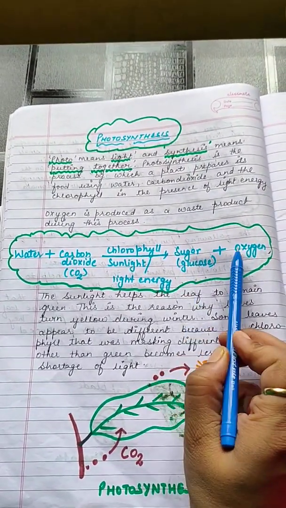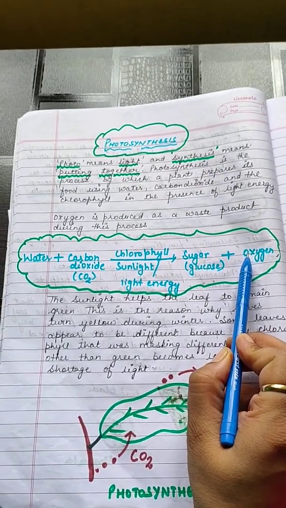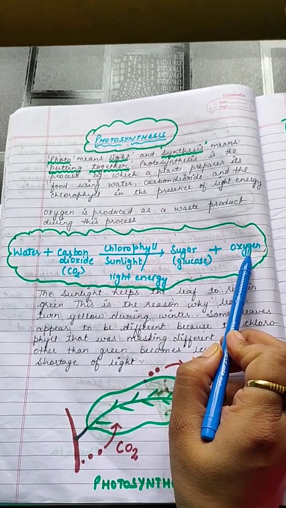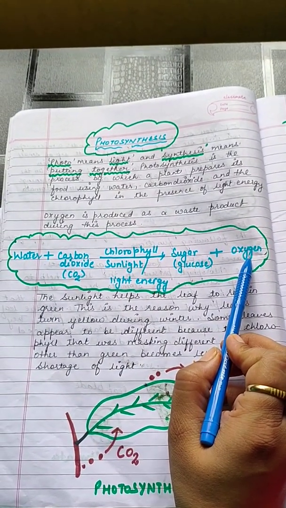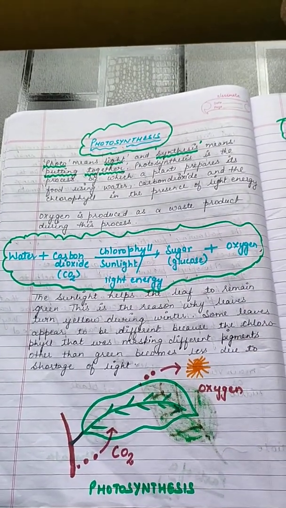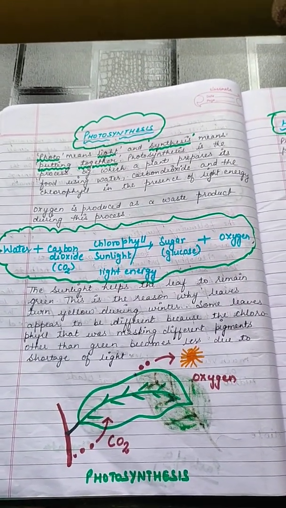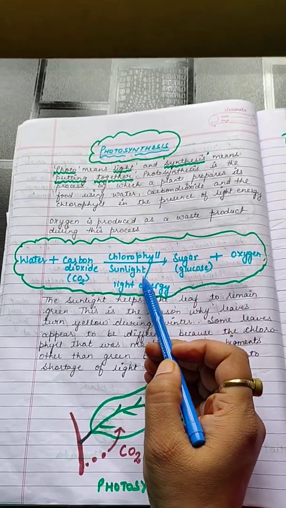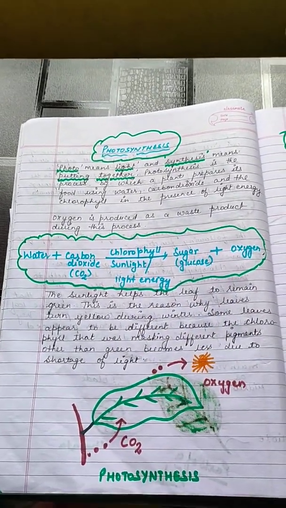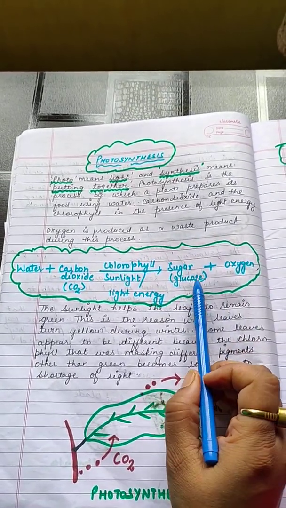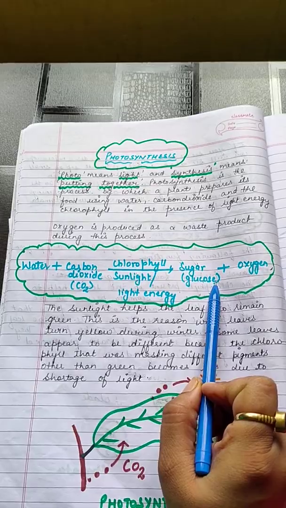And in this process, oxygen is produced as a waste product, and this oxygen is used by us, because we inhale oxygen which is given by the plants, and we exhale carbon dioxide which these plants consume. So in this way the process of photosynthesis takes place.